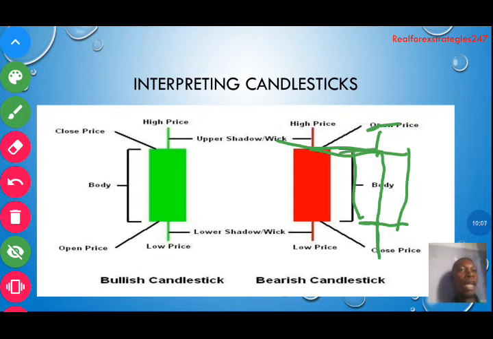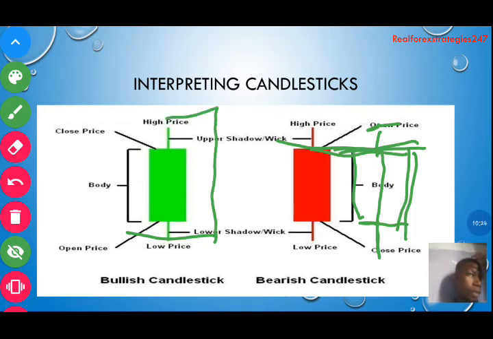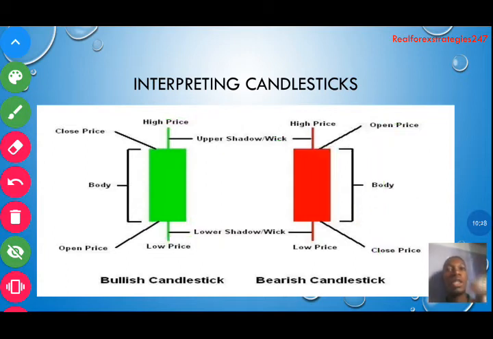It opens high, unlike the bullish candlestick which opens low. This candlestick opens high and comes all the way down, while the bullish candlestick opens low and goes all the way up. So that is how to interpret this candlestick, and you can see labels all over the chart.